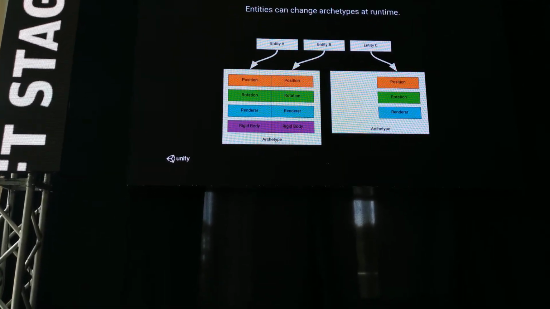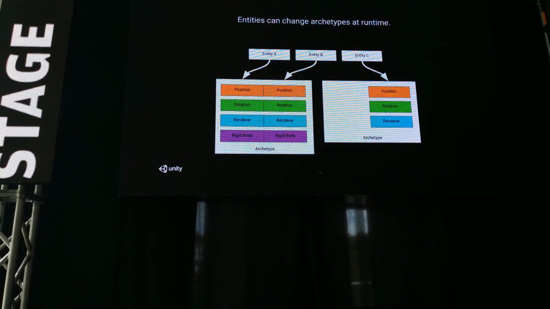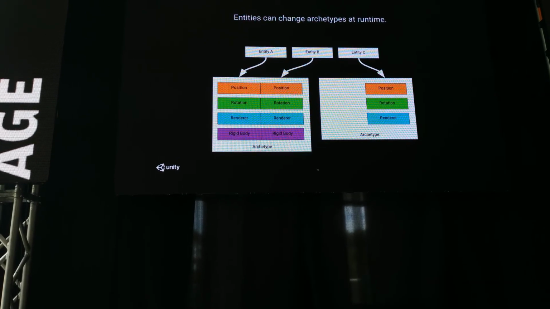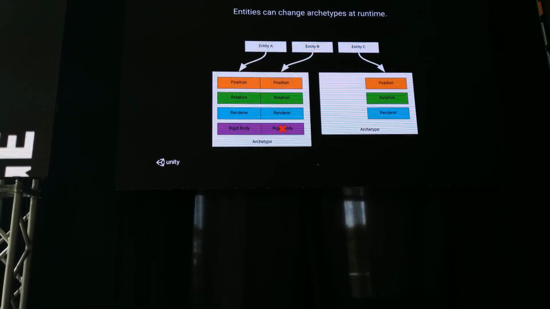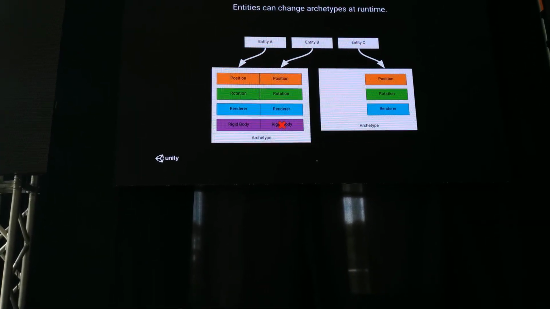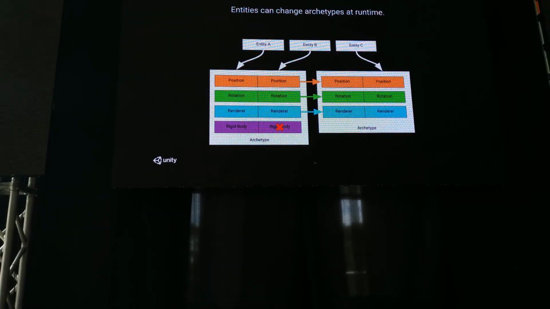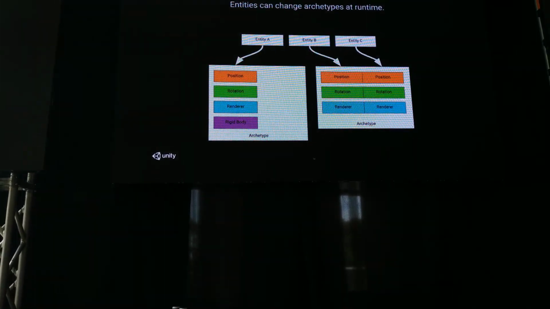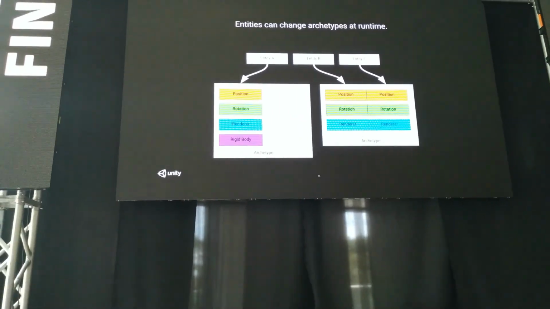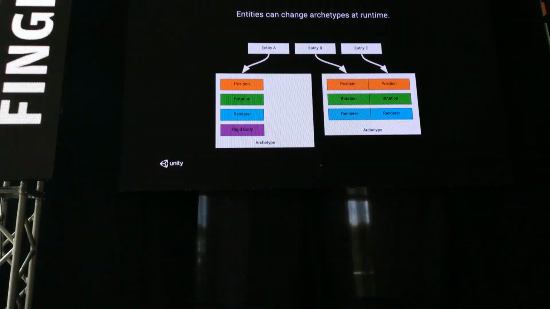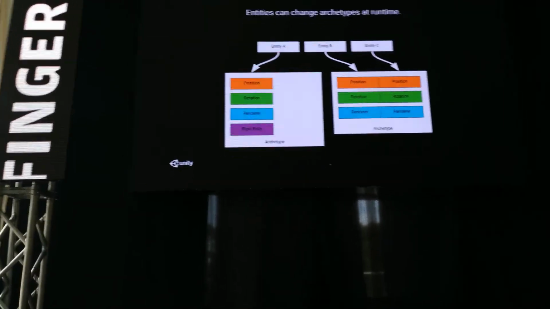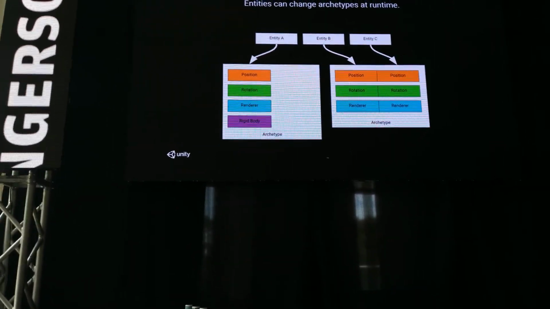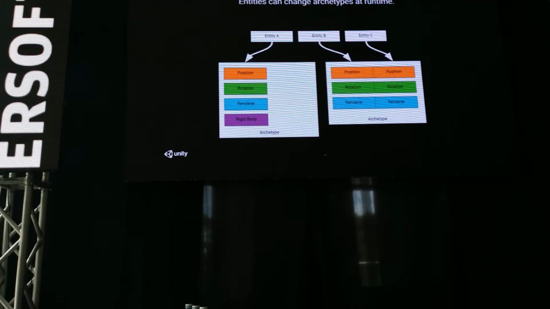So now, if we want to remove a component, for example, the rigid body component, then we're actually going to move all of the data of this entity into a different chunk, into a different archetype. So now we guarantee that the memory is always laid out linearly, so that the runtime code can process it in the most efficient way.